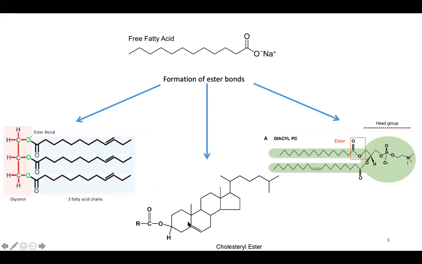The same thing happens when I add an ester bond somewhere here on my cholesterol, making a cholesterol ester. I need to put my triglycerides and my cholesterol esters into lipoproteins. However, my free fatty acid, before it forms the ester bonds, can just bind to albumin free in the blood. So my unesterified free fatty acid can just bind to albumin in the blood.